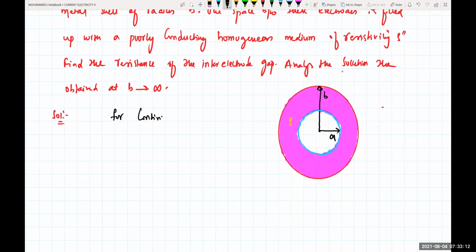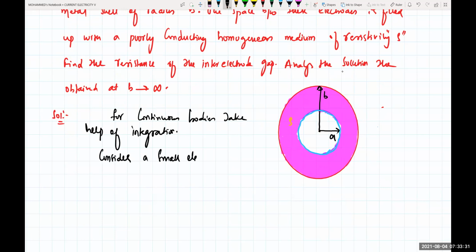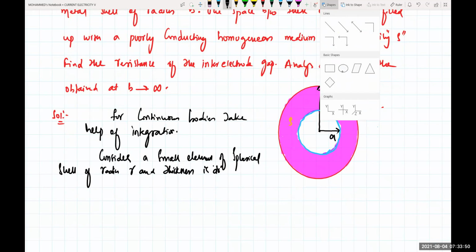For continuous bodies, take the help of integration. So first, consider a small element, a small element of spherical shell of some radius, say r, and the thickness of that is dr. I'll consider the thickness here.